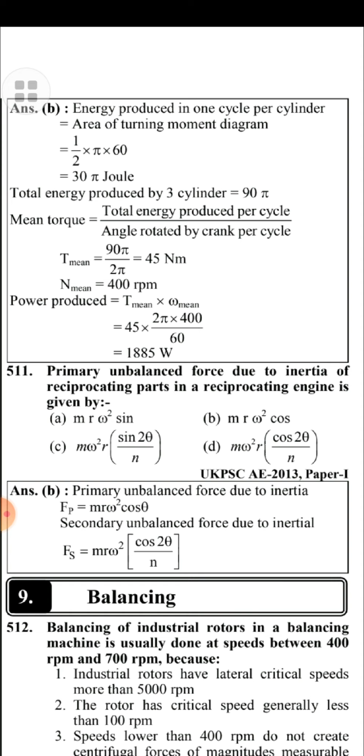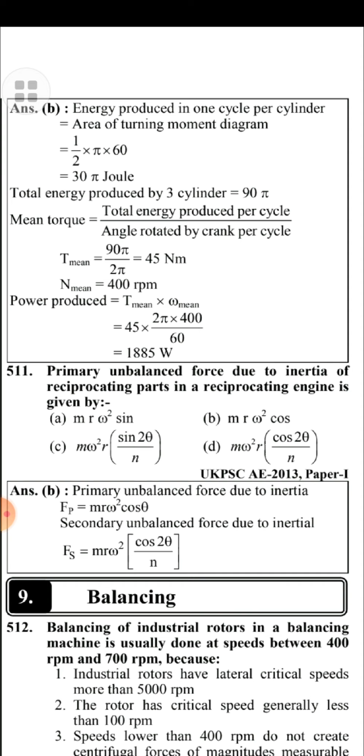Power produced is T mean × ω mean, 45 × 2π × 400/60, that is 1885 watt.